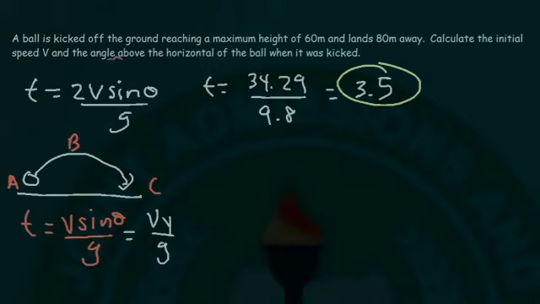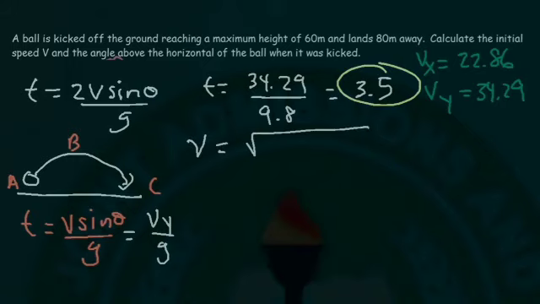But let's continue. So we know that Vx is 22.86, and Vy, that's 34.29. Both answers are positive. So now we can use that to find V, which is the square root of Vx squared plus Vy squared.